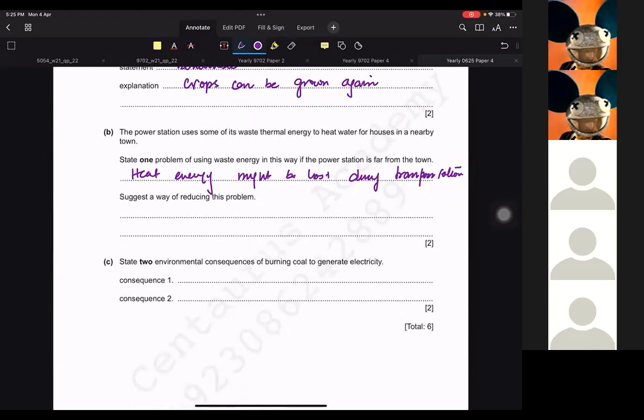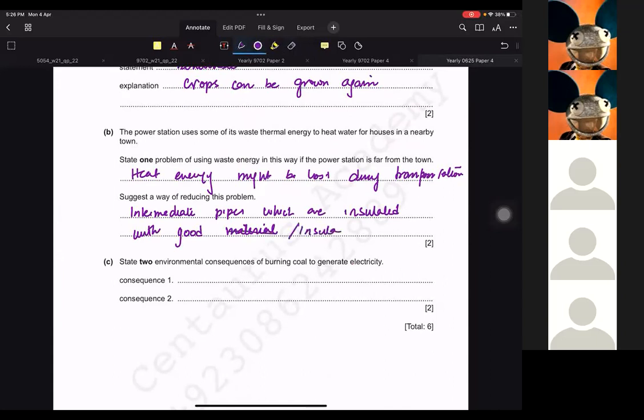I think you should have intermediate pipes which are insulated pipes. Insulated, yes. Or pipes made of a poor conductor of heat material. But when you say insulated, it means the same thing, right? Okay, good insulator material if you want to write.